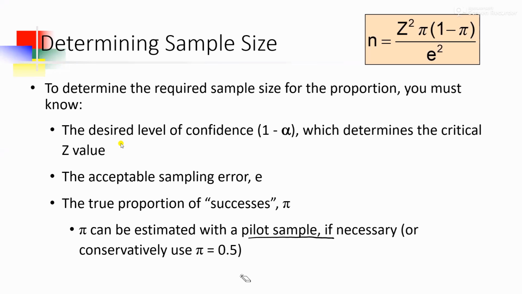If there is no information in the given problem, then we can take pi as 0.5. Why are we taking pi as 0.5? For these proportions, we are taking two outcomes only, right? Yes or no, or defective, non-defective, only two categories. This is a binomial study.